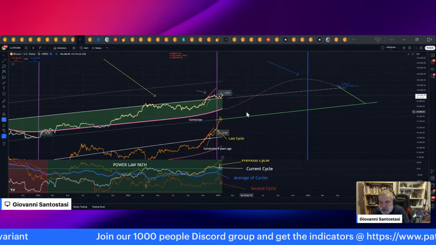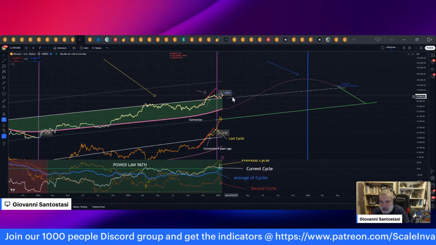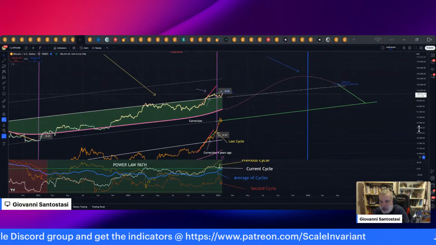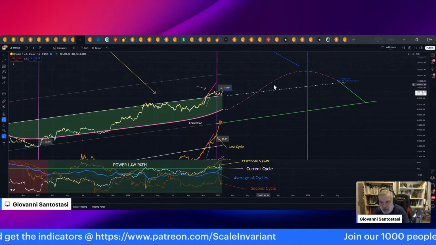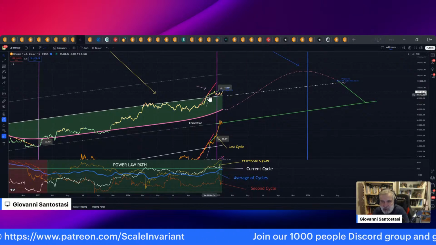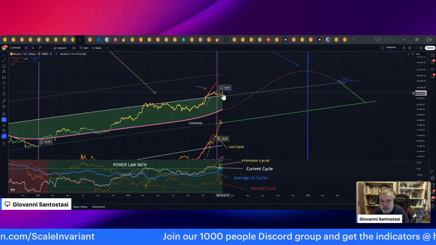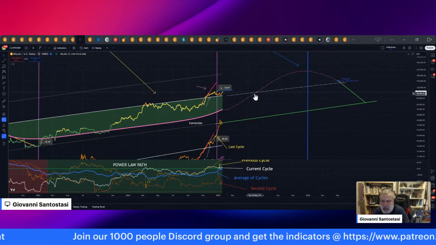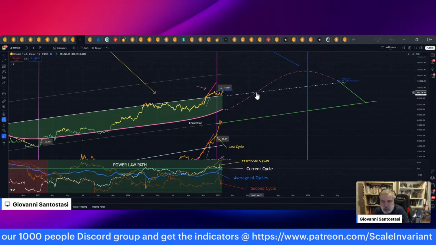This is the picture that we created based on the big assumption that everything repeats as before. So right now, if we continue along the power law for a little while, I calculated it will take us all the way to about June.